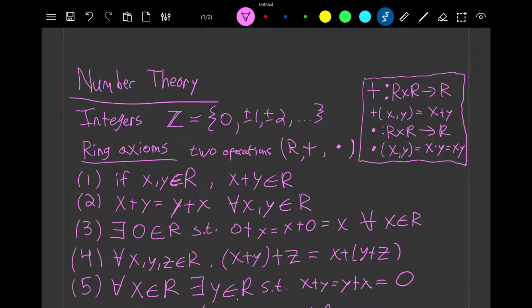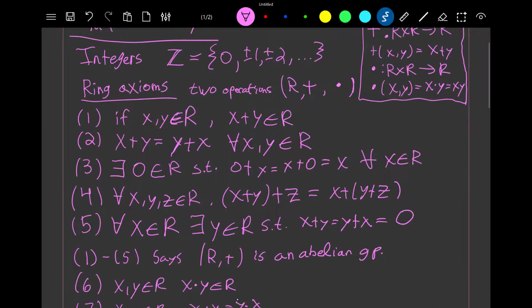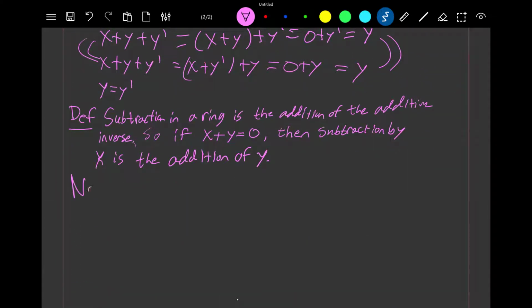So we've talked about the rings. We kind of know what the integers are just from elementary school. And we know we can add them and multiply them. And now we can subtract them. But note, you can't always divide.